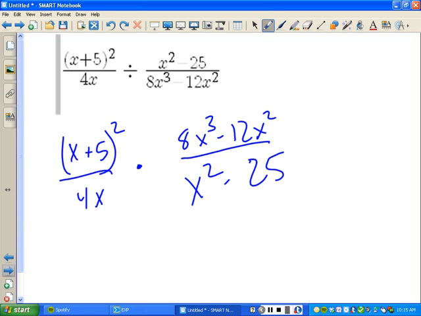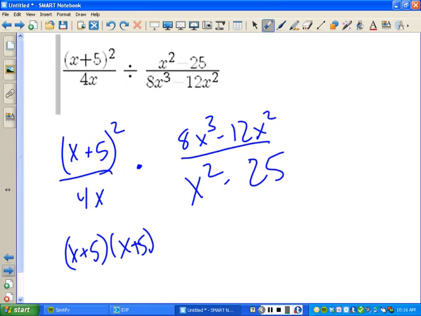One of the things I see, and if you did this, it's okay, is people who take x plus 5 squared and go x plus 5, x minus 5. That's not right. X plus 5 squared is what? X plus 5, x plus 5 again.